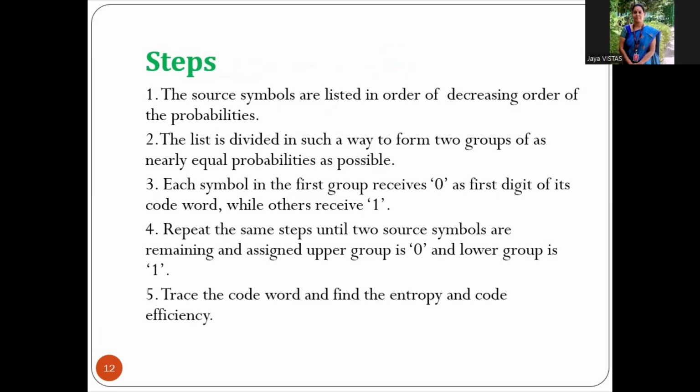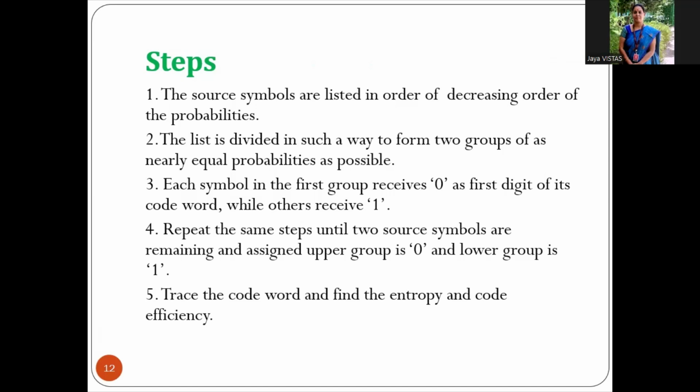So what are the steps involved in Shannon-Fano coding? The first step is that the source symbols are listed in decreasing order of the probabilities. The same step as in Huffman coding. As we already said, in Huffman coding the first step is to arrange the probabilities in decreasing order. The same step is repeated in Shannon-Fano coding also.